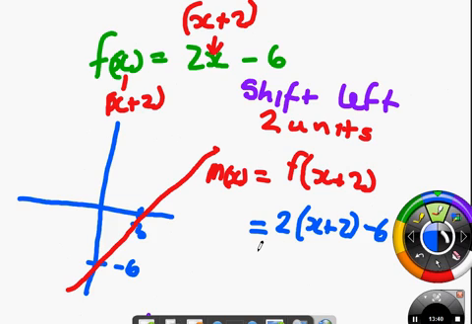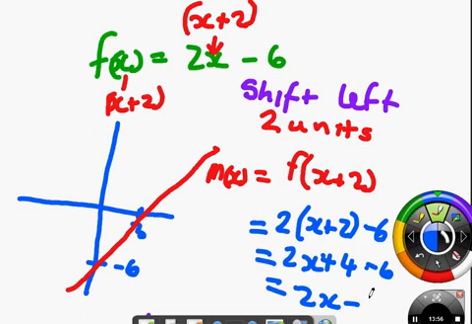So this graph is going to be 2x plus 4 minus 6, which is just 2x minus 2.